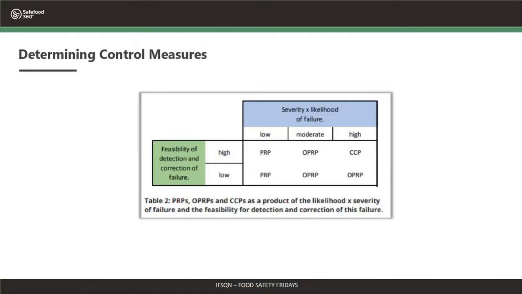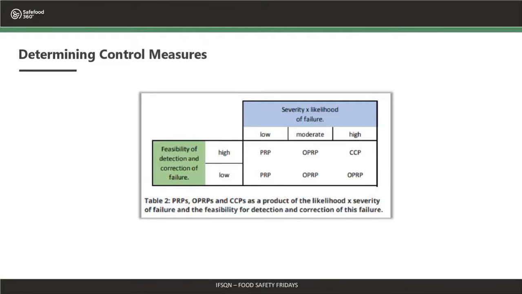So this implies that in many practical cases, the probability times severity of failure of a single requirement has only a minor impact on food safety. So the impact of a PRP failure is low because they aren't really controlling a significant hazard.